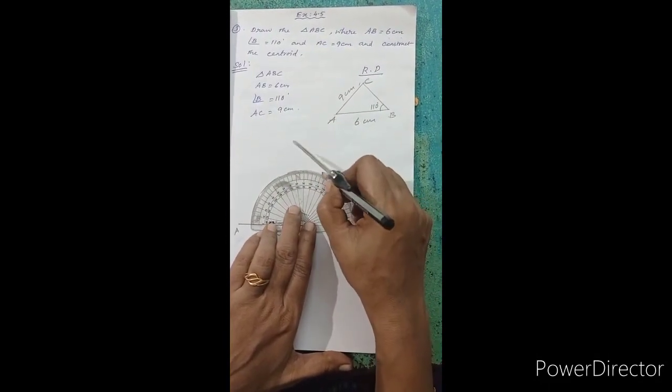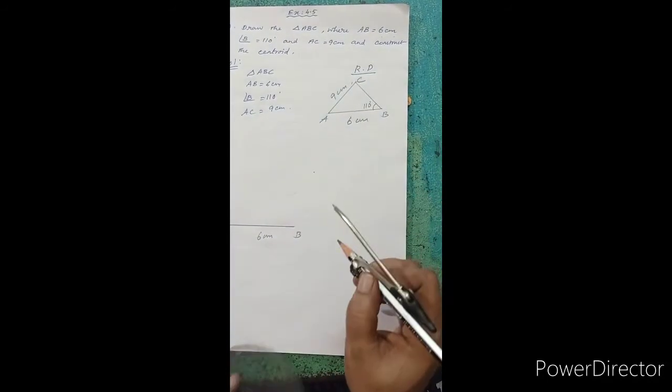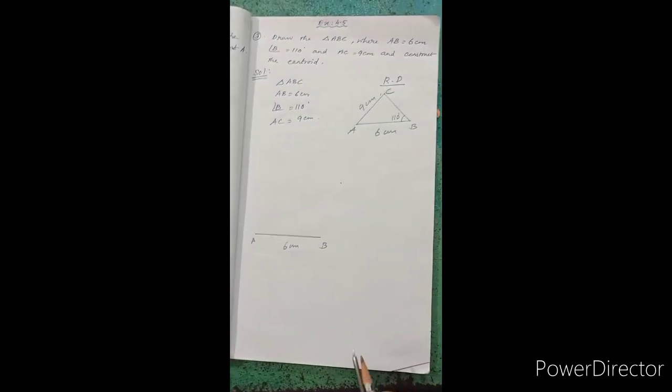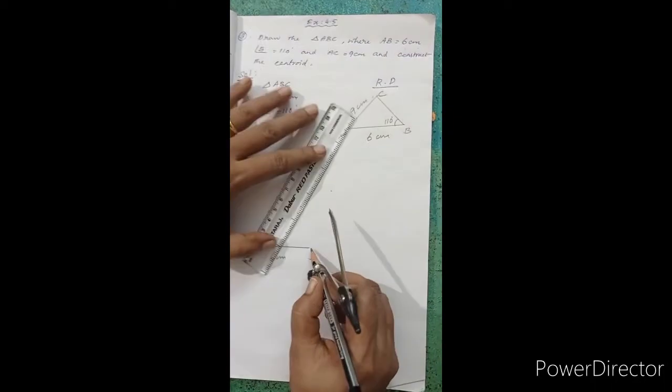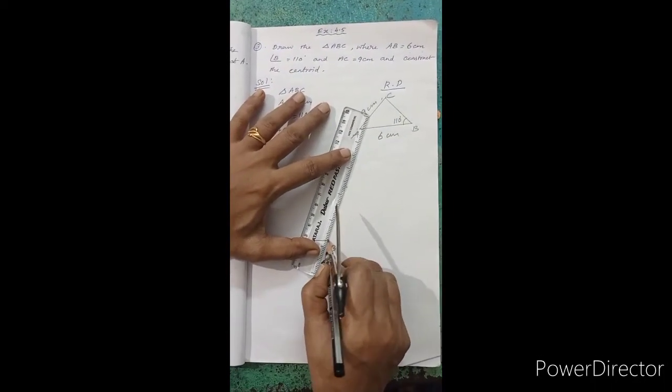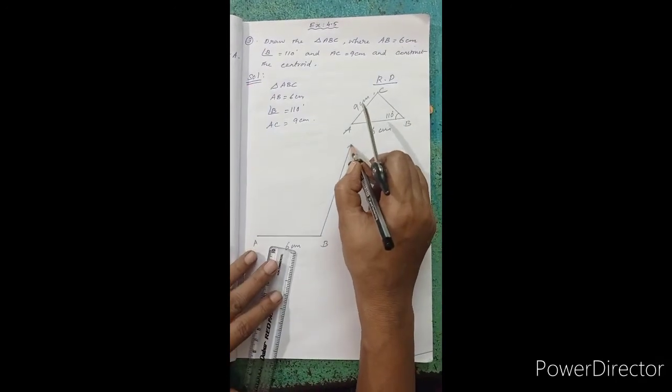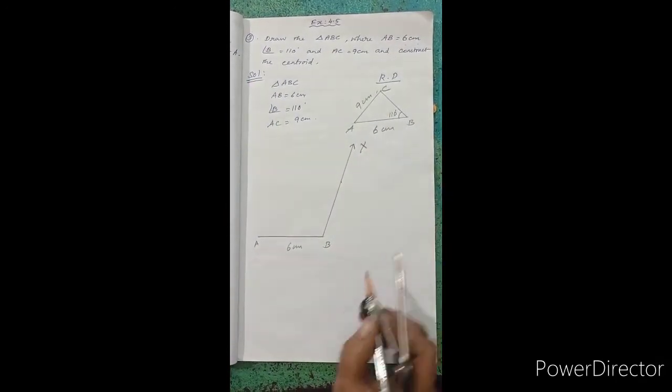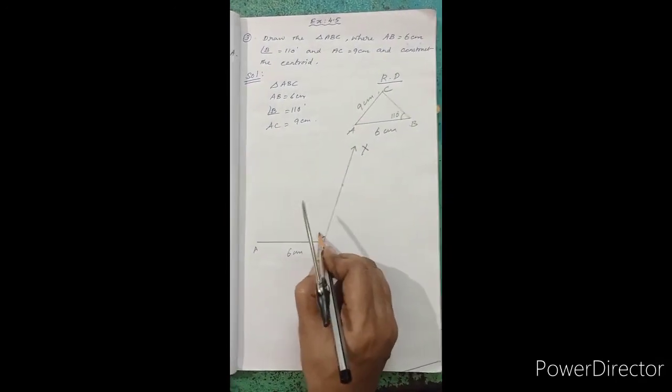Here only 110. Now join this point with vertex B. Draw a ray. This is X. This angle is 110 degree.